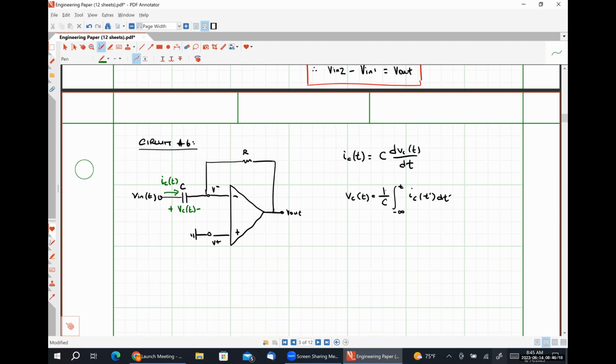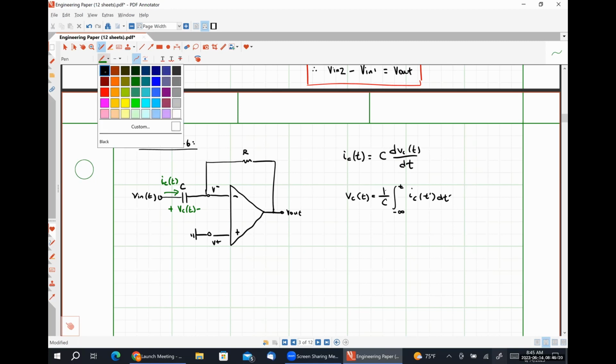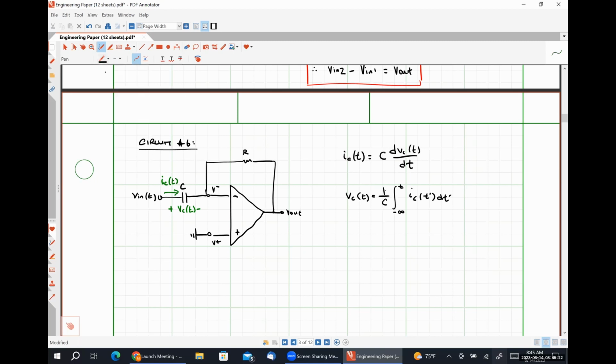Okay. So we can see very easily that the voltage present at our non-inverting input terminal is simply 0 volts, which means the voltage present at our inverting input terminal must also be 0 volts.